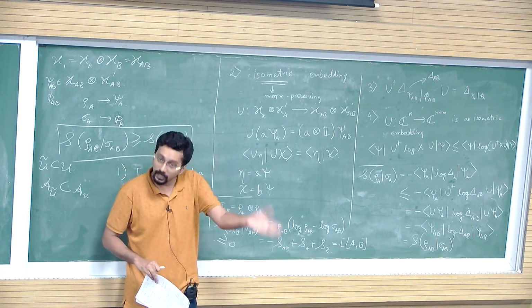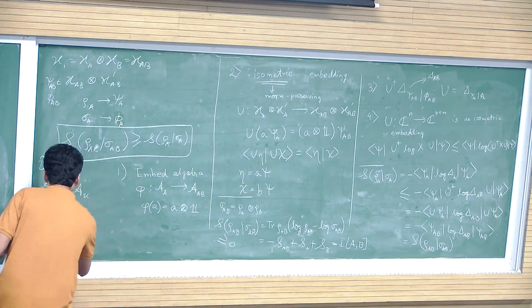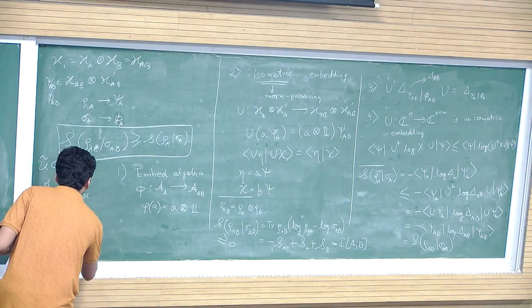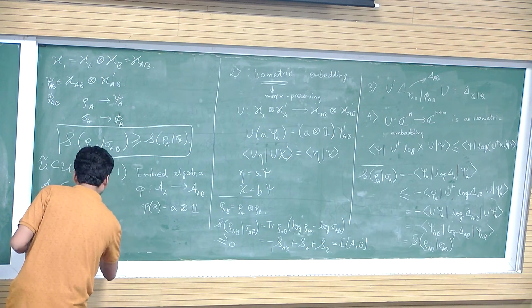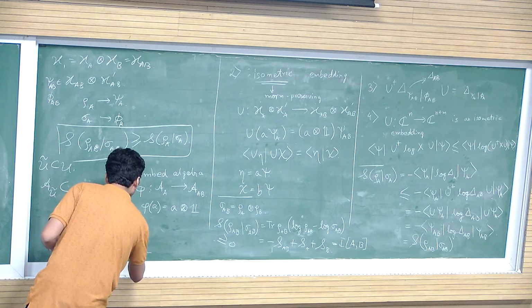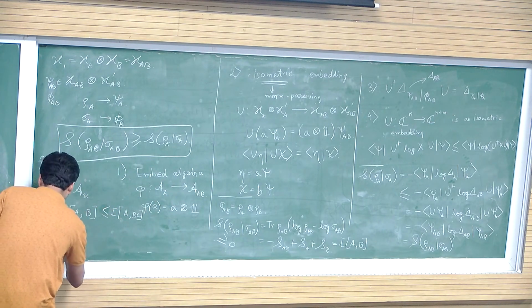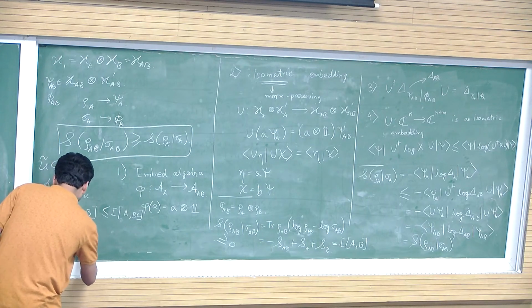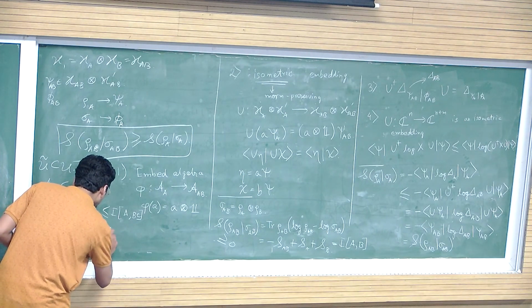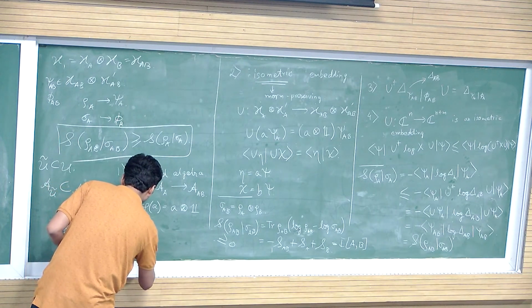If you have a tripartite system, then you have this kind of inequality. Again, very similar kind of calculations. This essentially tells you SB plus SABC is less than or equal to S of AB plus S of BC.